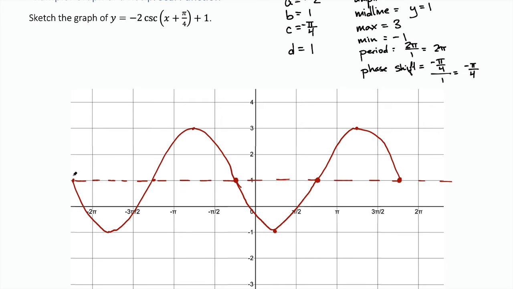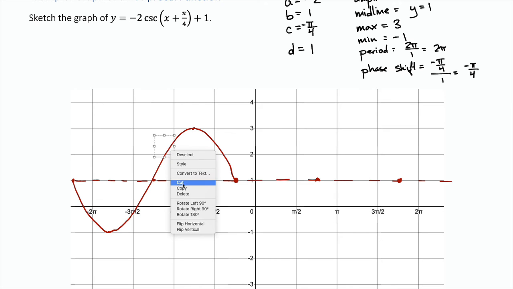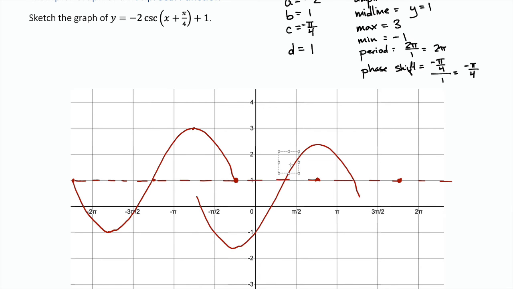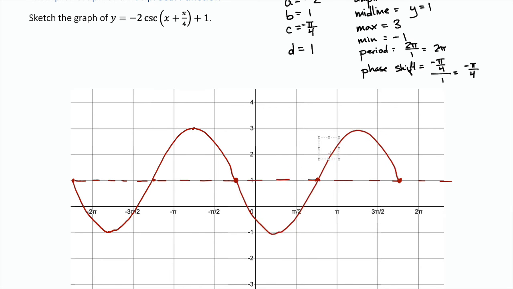That's a little bit better. I like that. In fact, I think I'm going to go ahead and copy that over, because this was just kind of a train wreck over here. I'm just going to copy and paste that piece and copy it over. That's a lot better. All right, and so this is our sine function.